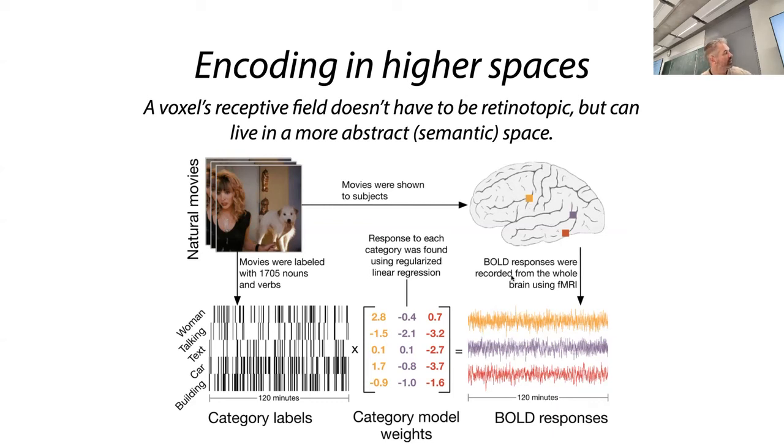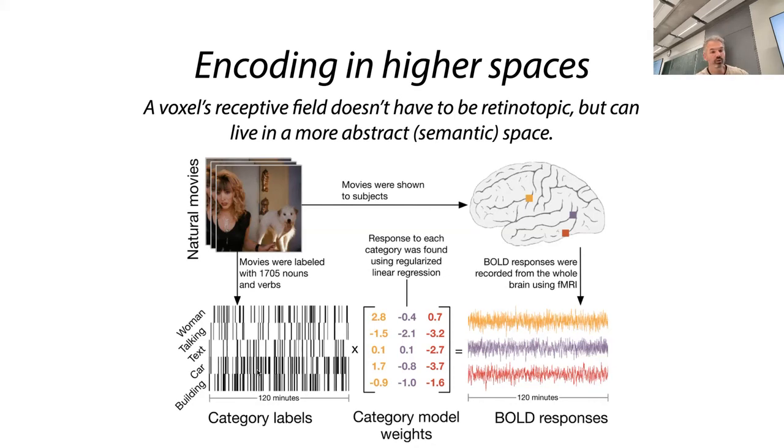What you get are model weights, which we call beta weights. If you do the fMRI neuroimaging course, you'll know exactly what that means. But what we get is, for every voxel in the brain, how much does it like a woman appearing in the movie? How much does it like it whenever a car occurs in the movie?